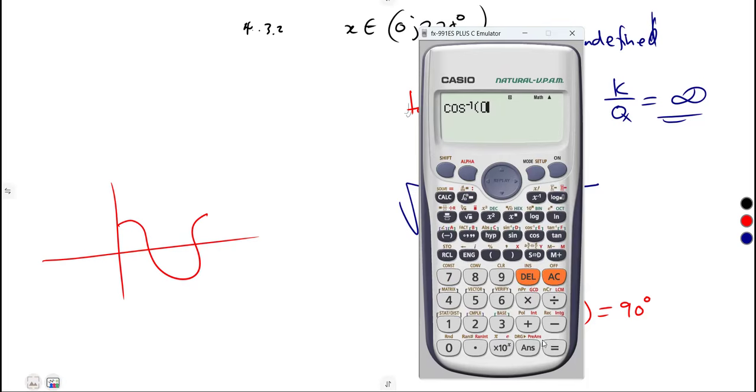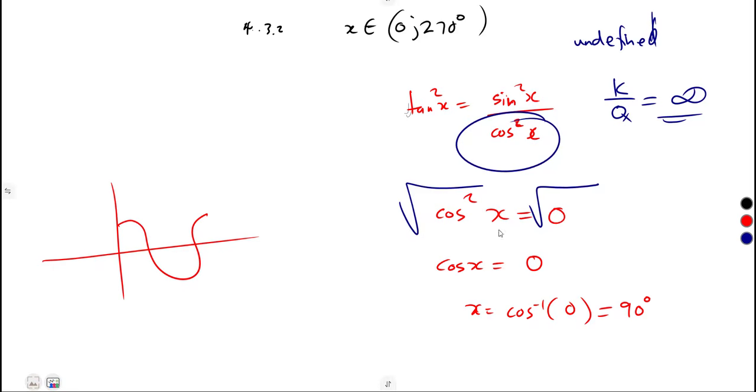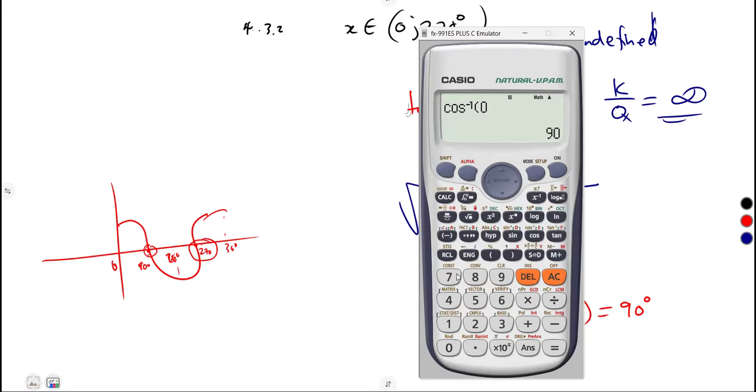Arc cos of 0 is what? Is 90 degrees. So that is where we have got here, it is going to be here 90. Remember, this is 0, 90, 180, and what? 270 and 360 degrees. So 270 is also where cos is what? Where cos is at 0. So 270 can also work.